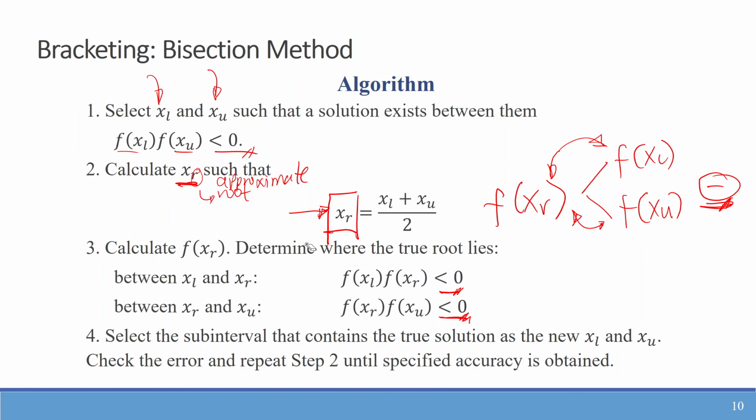So let's say if the function of xl, the lower, times the function of the root is less than 0, it means that our lower limit stays as itself, and we will have a new upper limit, which is the xr. Now, if the function of the approximate root multiplied with the function of the upper guess gives a value that is less than 0 or negative, this means that we will have a new lower limit, which is our xr, while we retain our upper limit.